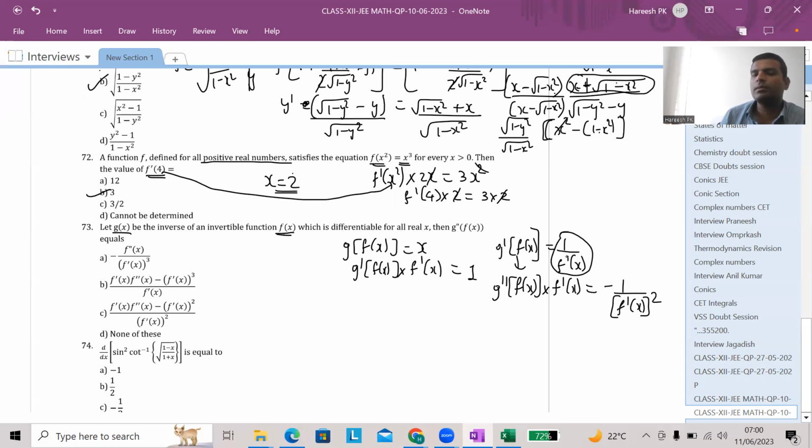This is like 1 by k, whose derivative is minus 1 by k square into the derivative of f dash, which is f double dash. Finally, when I take this to the denominator, I will end up getting option A as the answer.